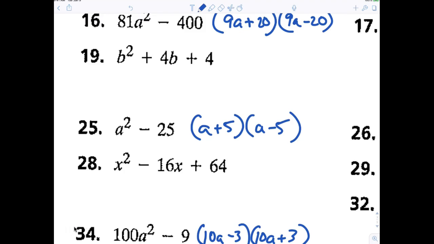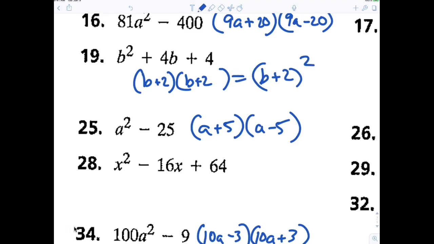Hold on. Mr. Osborne, go. All right, so that would be, and? Exactly. So then just write, yeah, there you go. B plus 2 squared.